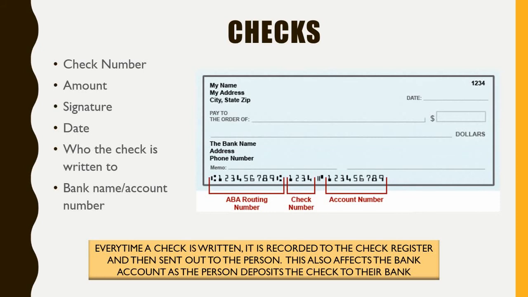Usually, checks won't be available until anywhere between 3 to 5 days. We also have to assume that mailing the check could take 3 to 5 days.